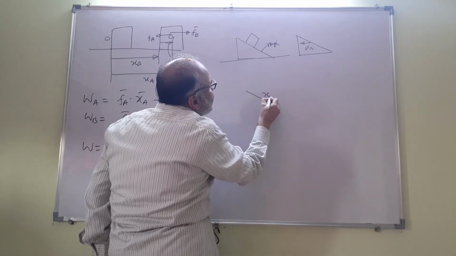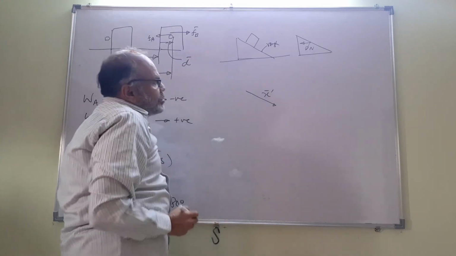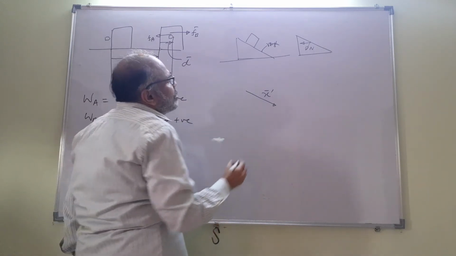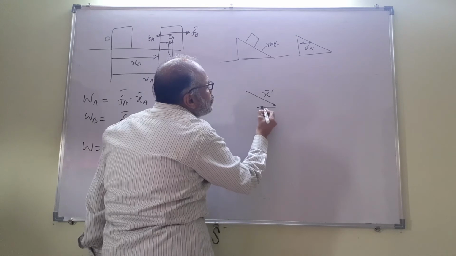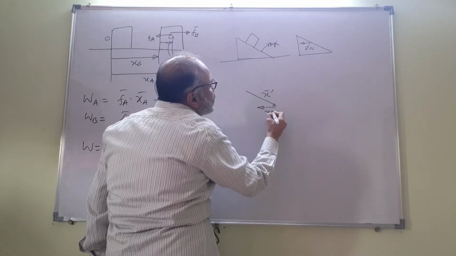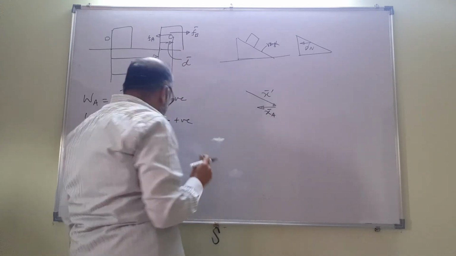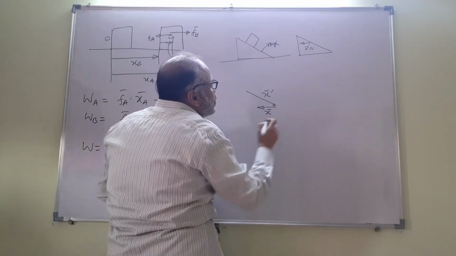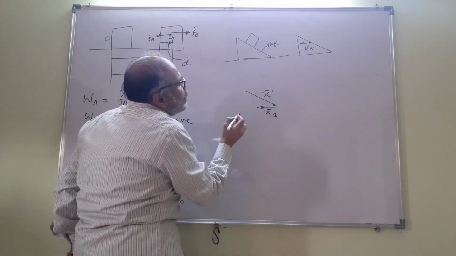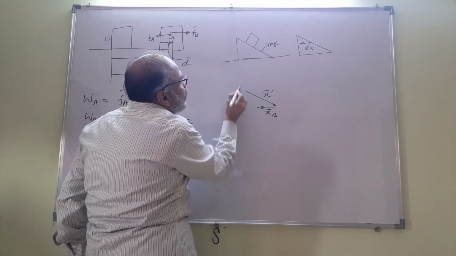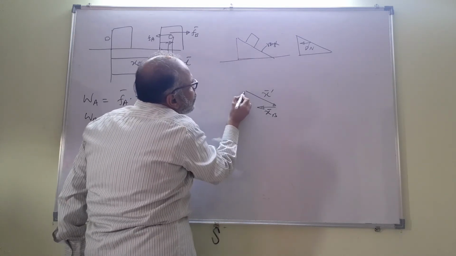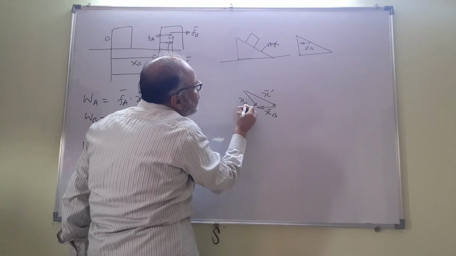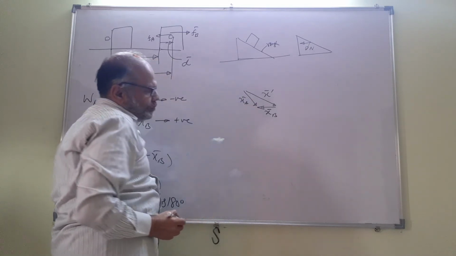So if you now see, the block will have a displacement, let us say x dash, with respect to the wedge. The wedge moves by a distance xb, we will call that b, xb, and therefore the absolute displacement of the block is going to be xa, like that.